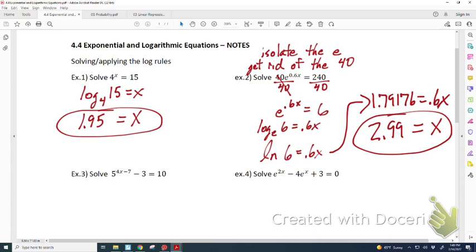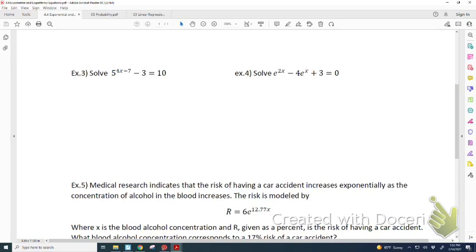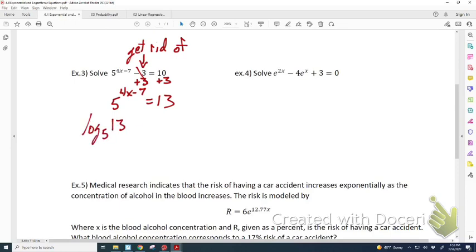All right, let's try another one. I'm going to scroll up so we have room, mainly for that number 4. Number 4 is not fun. On number 3, I need to isolate the 5, which means I need to get rid of that 3. So I can put this thing in log form. So let's add 3 to both sides. Then we can put it in log form. And go ahead and give it a try from this point.